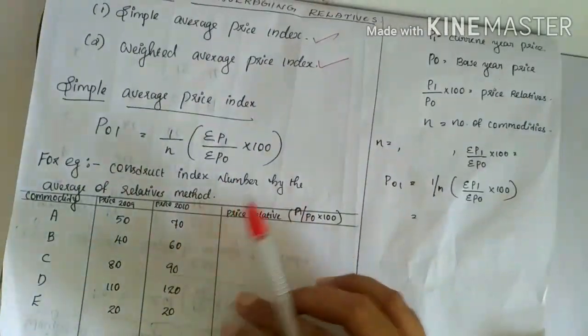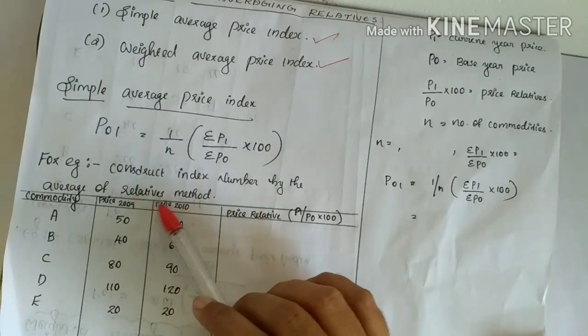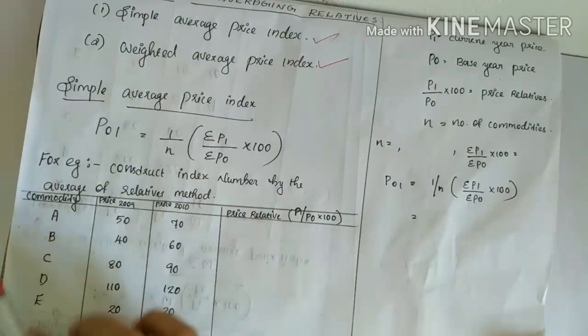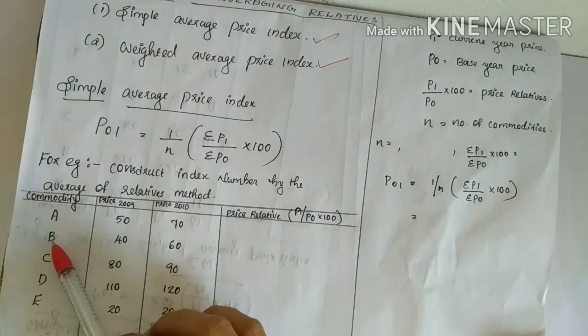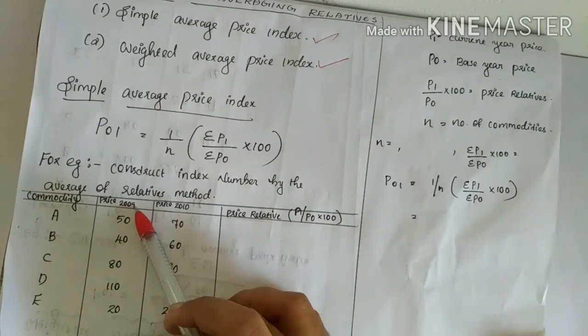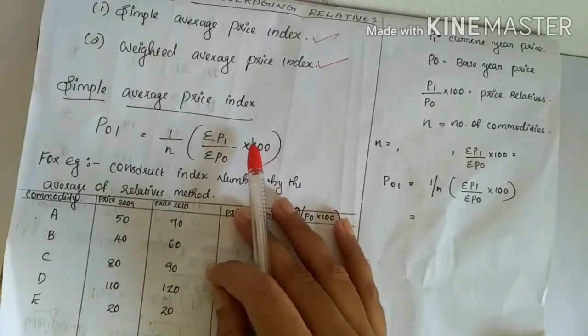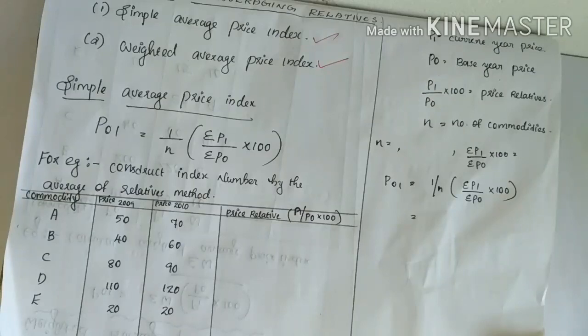So let's work out an example. Construct an index number by the average of relatives method. The 5 commodities A, B, C, D and E are given, with the price in 2009 and the price in 2010. Then how to calculate the price index?